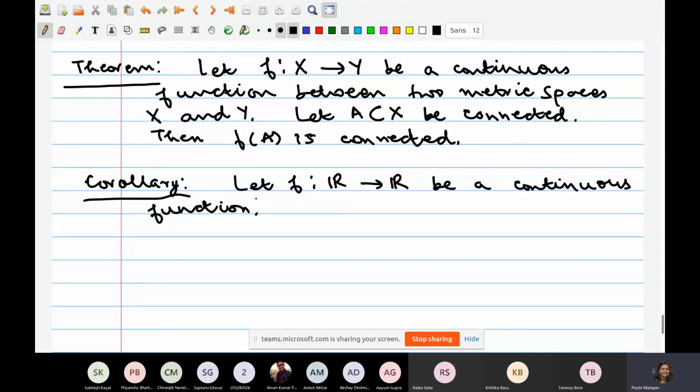In this case, we will replace that, as we have a characterization of connected sets on the real line, as Kritika reminded us. So let A be an interval in R. Then this theorem says its image under f is going to be a connected subset of R. So that means that its image under f is going to be an interval. What did it say? f takes intervals to intervals.